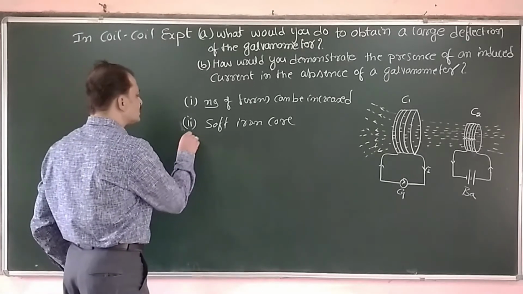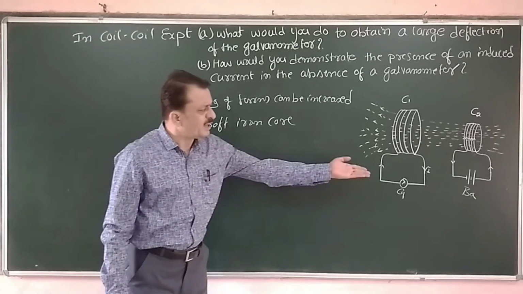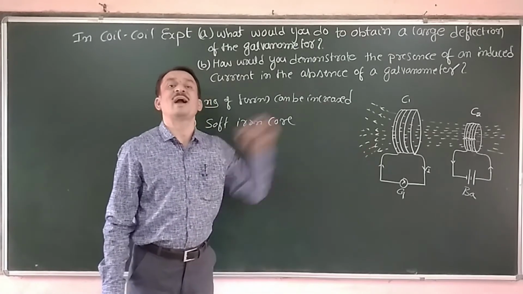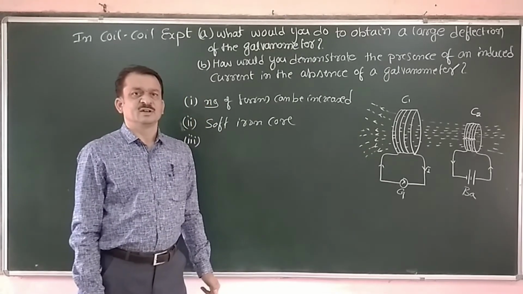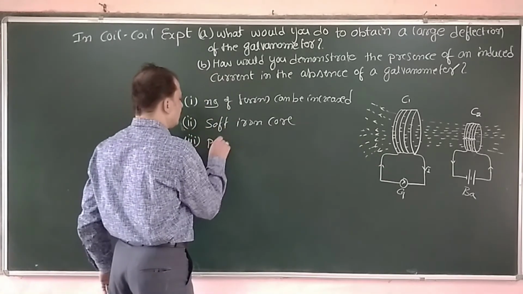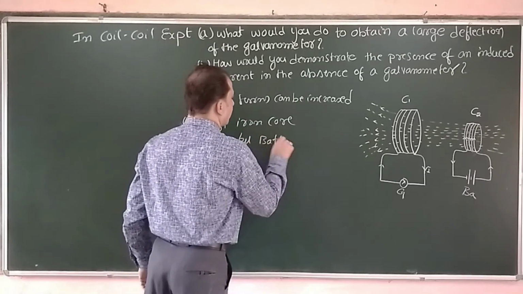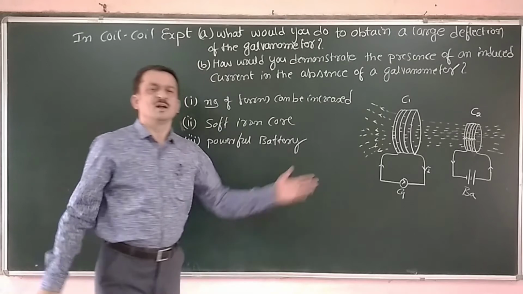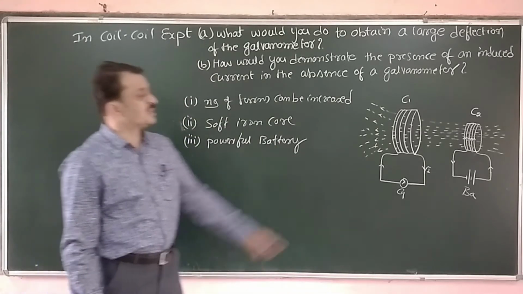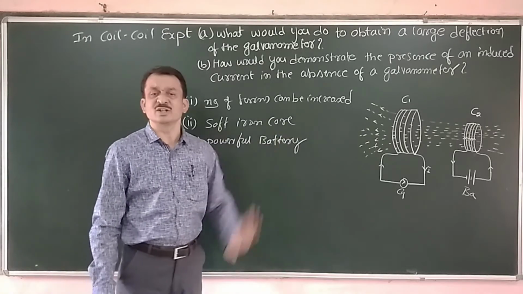Now the third method. How can you increase that? Simply use a powerful battery, a battery of higher voltage. Obviously, the current is increased in that coil C2.